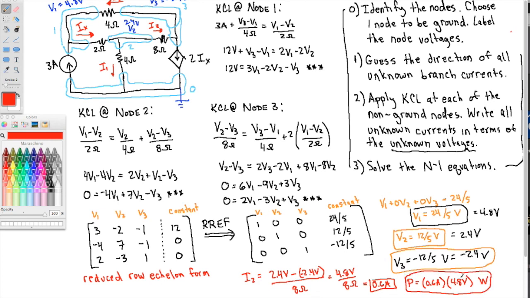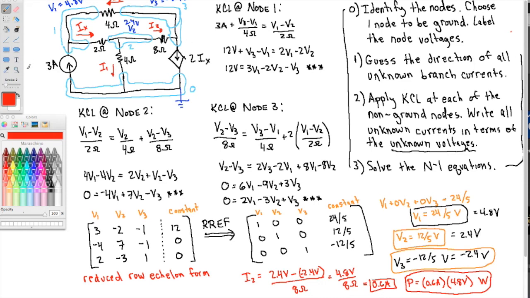Again, I want to emphasize something from the first video. Notice I used 4.8 volts here for the power in this resistor. I did not use 2.4, and I did not use minus 2.4. What matters is the difference in voltage across the resistor, or the component for that matter. So you could see how you could get all the other currents and all the powers in all of the devices.